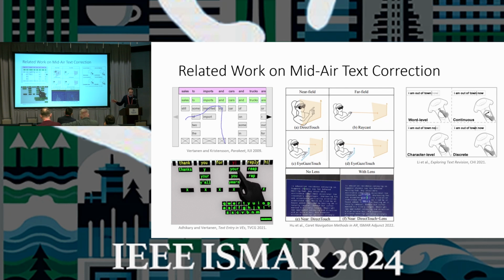So there's been some efforts by Keith Hrvoje and his students looking at correction using direct interaction with this word confusion network on the bottom left, and then some work looking at how you can support people better to move the caret around, not specifically focused on the whole task of correcting errors, but looking at just how you position the caret to maybe make subsequent errors. So we really wanted to deep dive into not just supporting caret movement, but looking at how you can make this whole task of correcting identified errors more efficient.